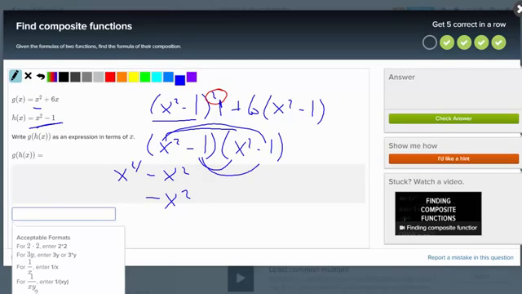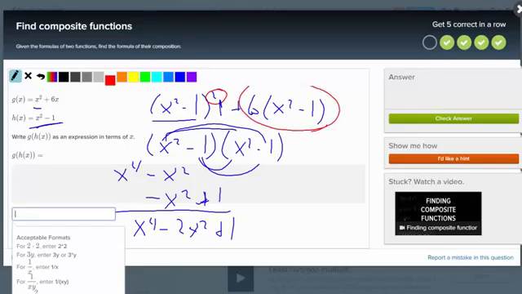Negative 1 times negative 1 will be positive 1. So when I simplify this, I will get x to the 4th power minus 2x squared plus 1. Then I have this over here that I still have to deal with, right? 6 times x squared minus 1. I have to distribute the 6 through. So 6 times x squared is a positive 6x squared. And 6 times negative 1 is going to be negative 6.